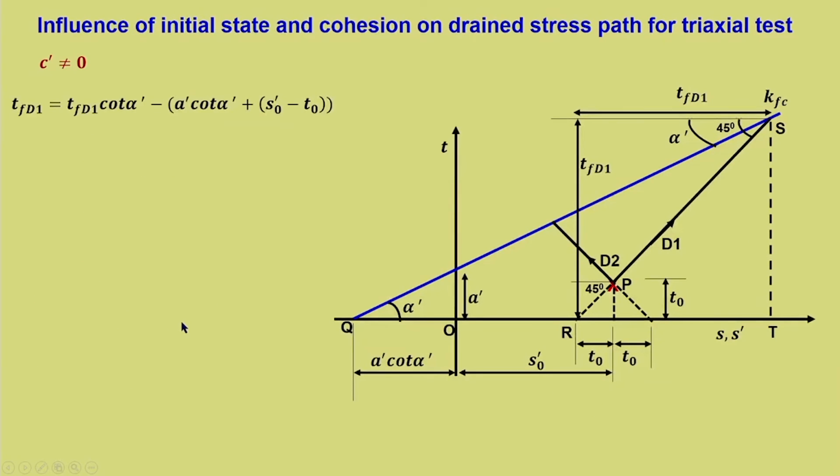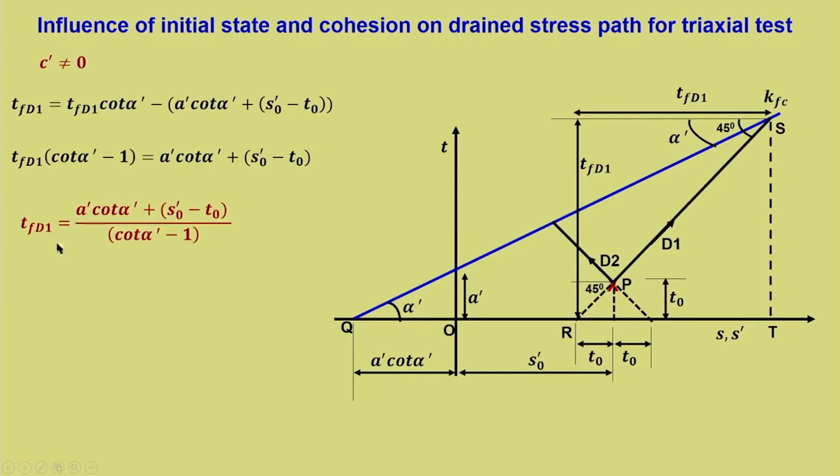Substitute it, we will get TFD1 equal to TFD1 cot alpha dash minus a dash cot alpha dash plus S0 dash minus T0. Rearranging similar terms, we bring this to this side and TFD1 onto this side. So, that will give TFD1 is equal to a dash cot alpha dash plus S0 dash minus T0 divided by cot alpha dash minus 1. So, this is about TFD1.